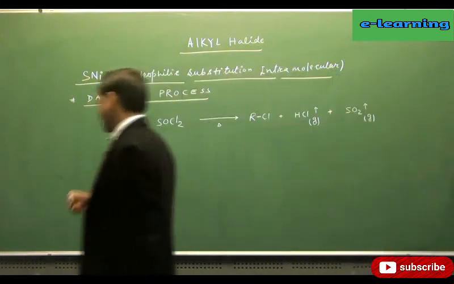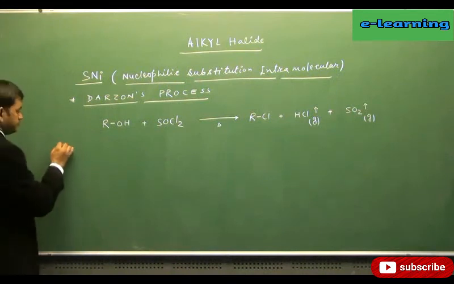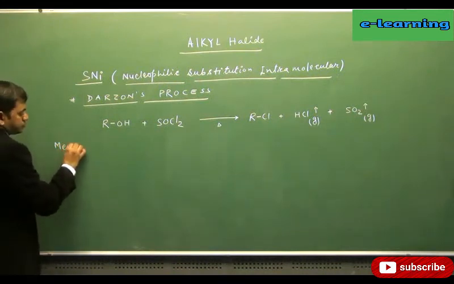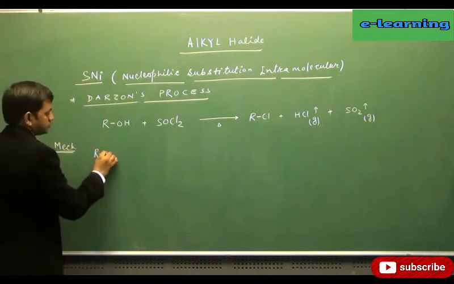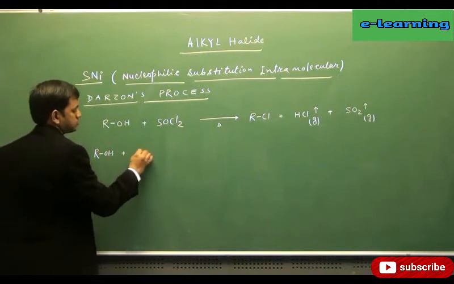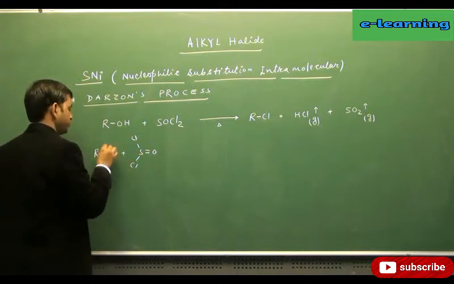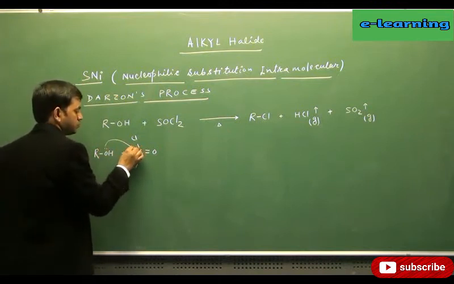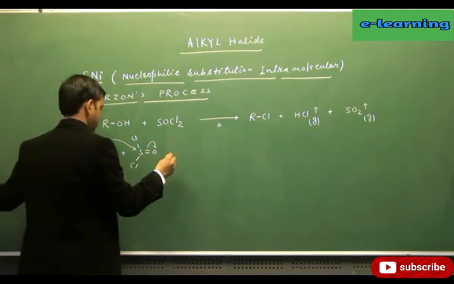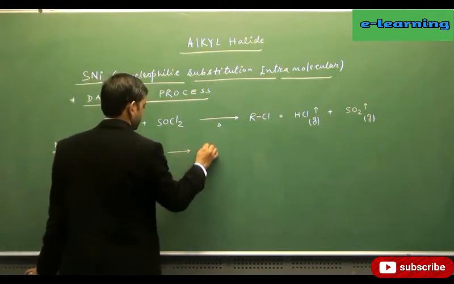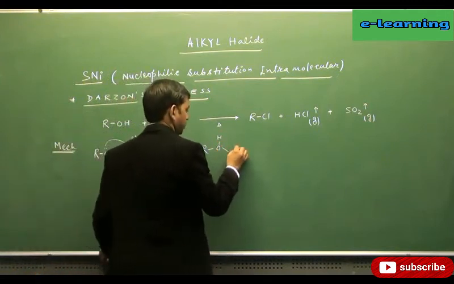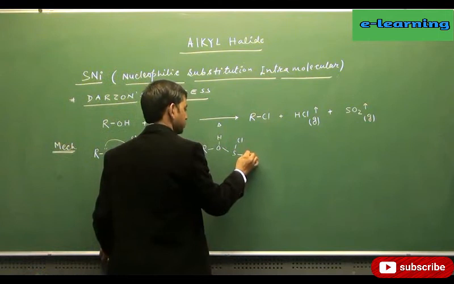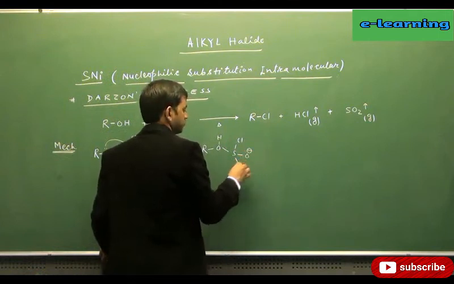If we see the reaction mechanism, it is SNi. Alcohol reacts with SOCl2 and ROH gives RO negative with Cl.